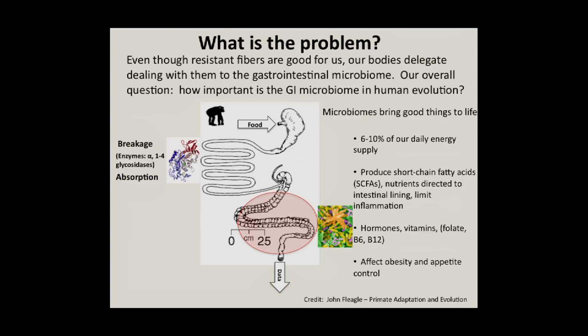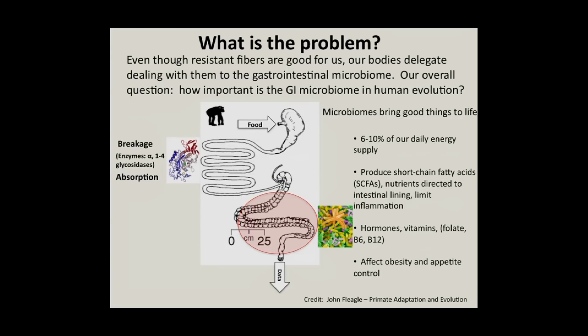By the time food hits the large intestine, what's left are materials that our body really can't do much with. These are primarily resistant fibers and starches. And at this point, we give it over to the microbiome, to the microorganisms, primarily bacteria, that conduct metabolic functions on our behalf. We're most excited by the fact that this is where our data comes from, down here.